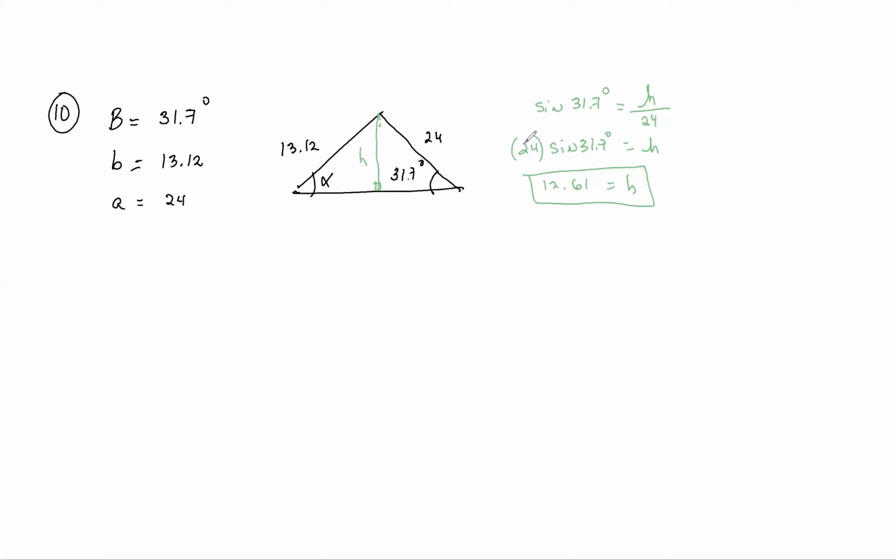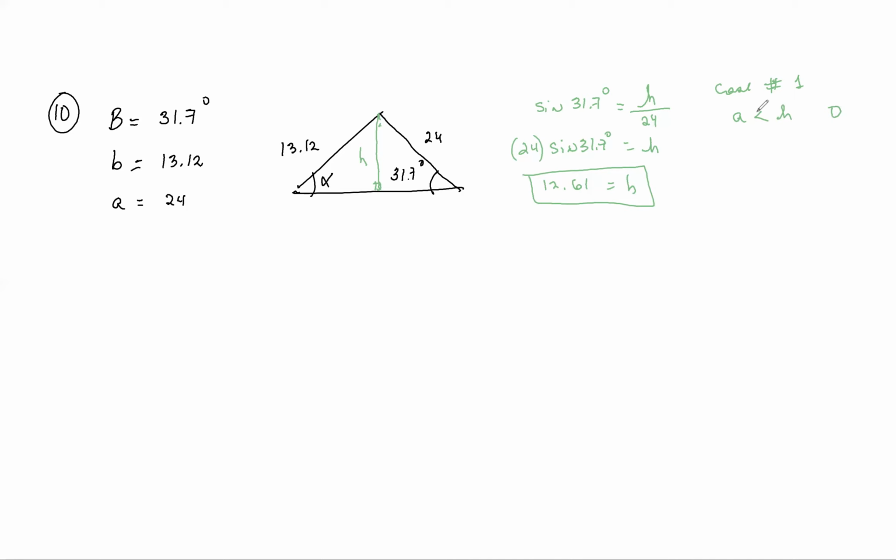Okay, now I check the cases. The case number 1 told me if the a is less than h, we got 0 triangles.